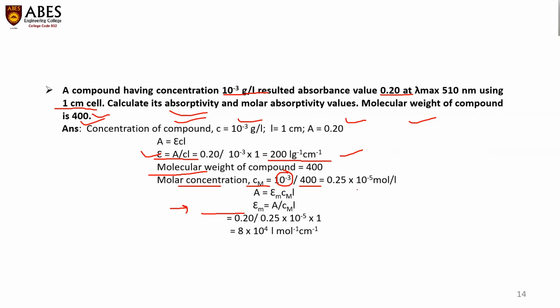We get the molar concentration 0.25 times 10 to the power minus 5 mole per liter. So now the molar absorptivity coefficient equals the absorbance divided by molar concentration and path length. So the molar absorptivity coefficient equals 8 times 10 to the power 4 liter per mole centimeter.